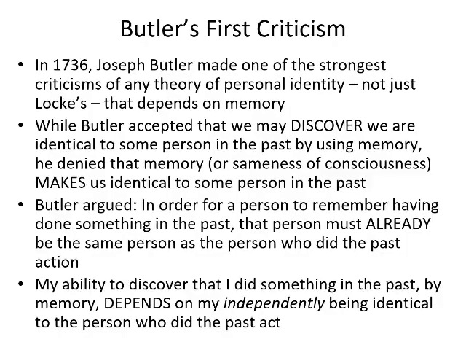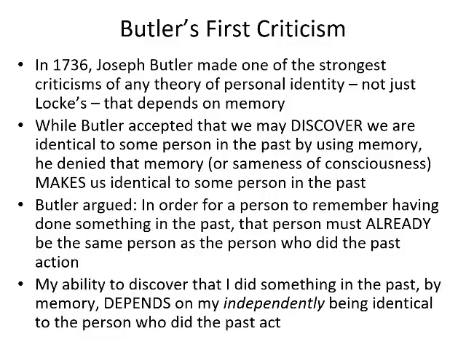Okay, now Butler's first criticism. It's slightly long-winded, but I can explain it pretty easily in a moment. This is a very famous criticism. Butler made one of the strongest criticisms of any theory of personal identity, not just Locke's, that depends in some way on memory. We've seen that Locke's very much does.